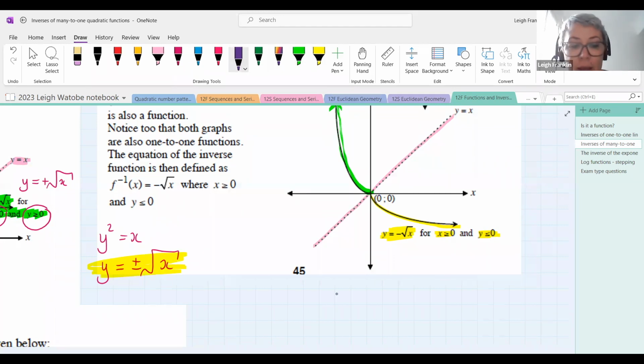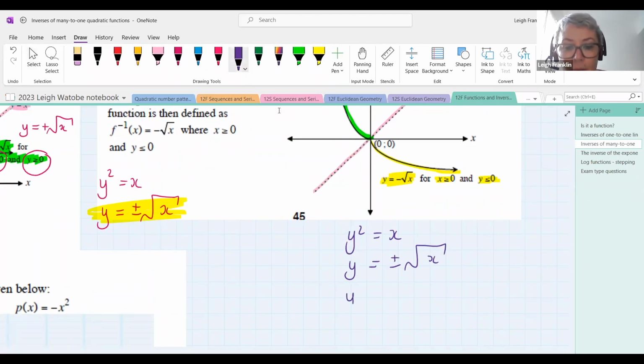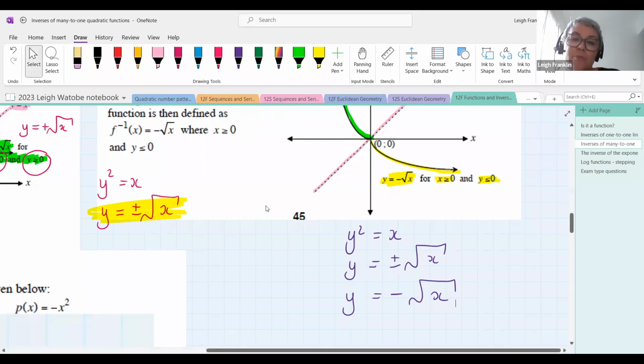Here it comes from y squared equals x. I want to make y the subject of the formula, so I'm going to do that by taking the square root of x. X could be positive or negative, but over here, y is going to be negative. So in other words, what we have is only one arm of the parabola instead of both.